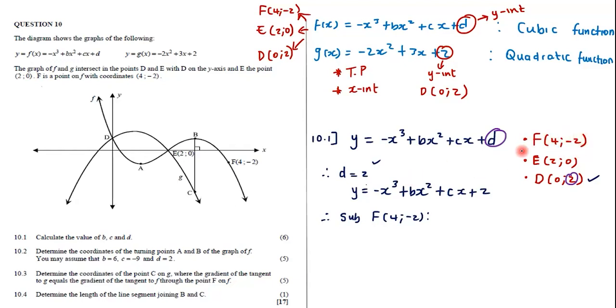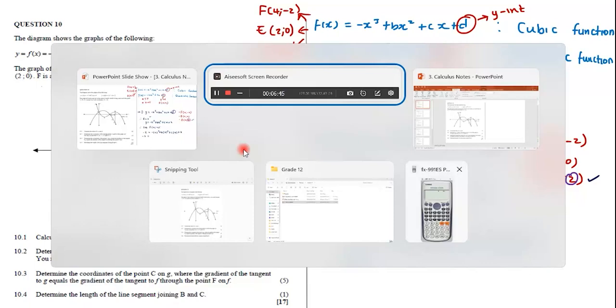When I'm substituting here, I have -2 equals -4 cubed plus b into 4 squared, and then plus c into 4 plus 2. So from here we're just going to be pressing our calculator.